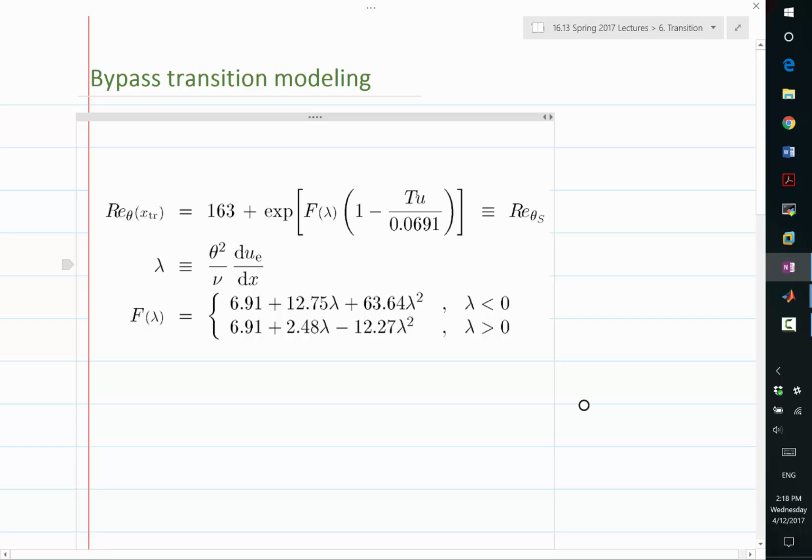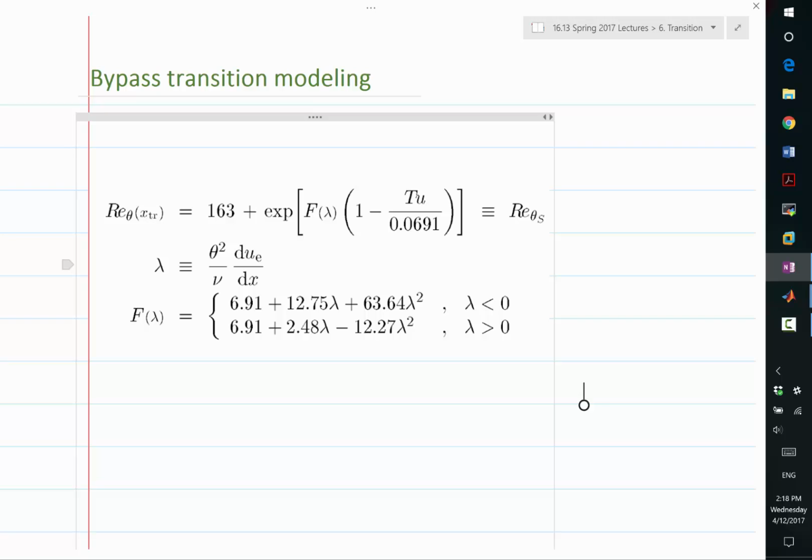But when the turbulence level is high, so when this number is close to 0, then the location of the transition is pretty much dominated by how turbulent the free stream is, and it's less sensitive to whatever pressure gradient you have on the flow. Whatever you have here is going to be multiplied by something close to 0, and this 163 is very close to where you transition when the turbulence level is very high in the free stream.